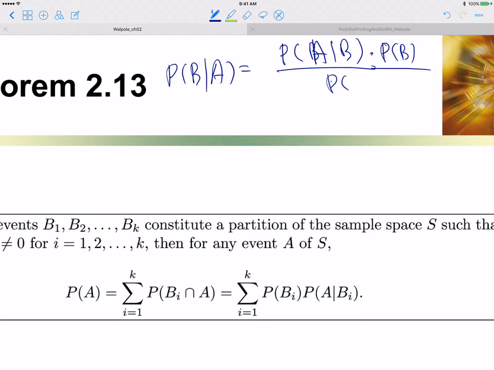A or B? Yeah, this should be A, right? Yeah, it's true. So this is basically the Bayes rule, from a slightly different angle.